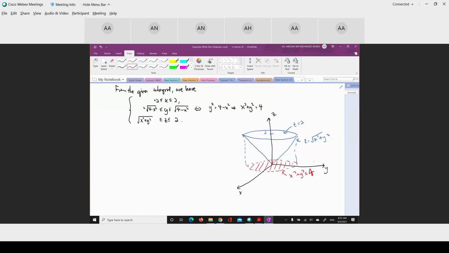The cone intersects the plane, and the curve of intersection is x squared plus y squared equal to 4, which is a circle. So the object is a cone.